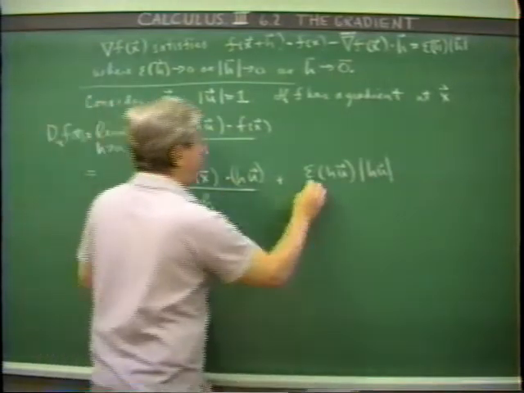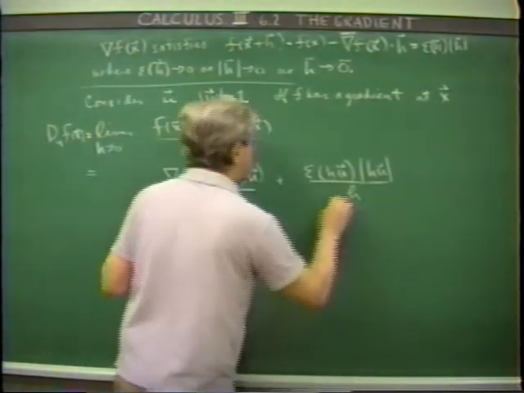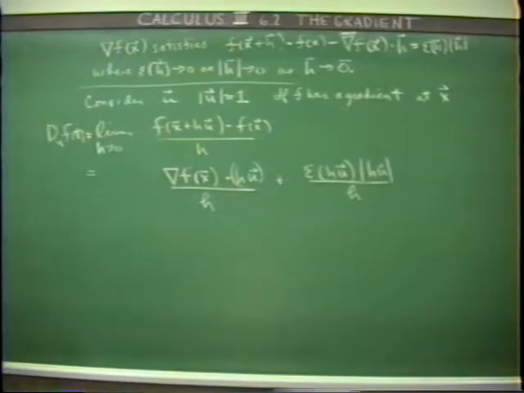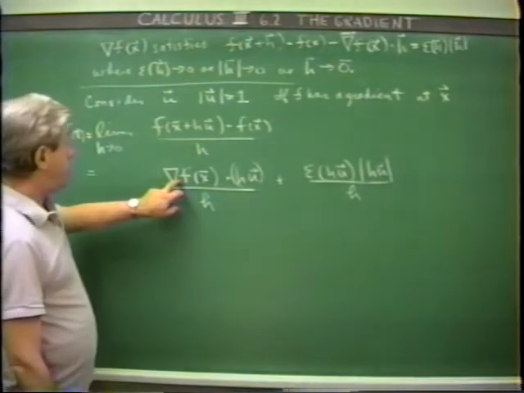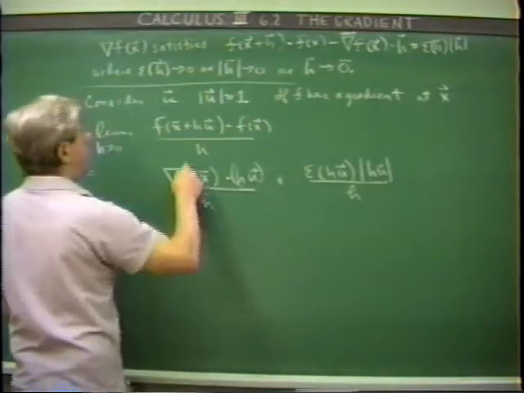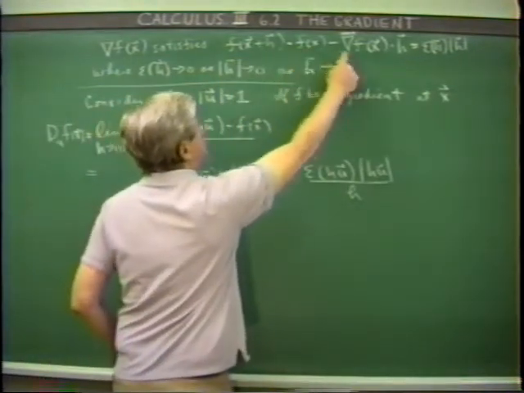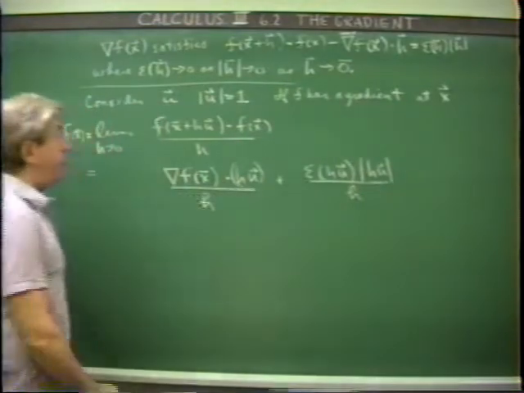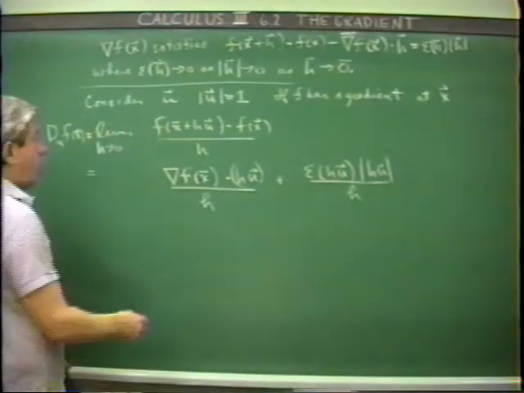Right? And now we've divided by h throughout here, so we're going to divide by h. So this is, from the definition of the gradient, f of x plus h minus f of x equal to this, plus this epsilon of h times the magnitude of h.